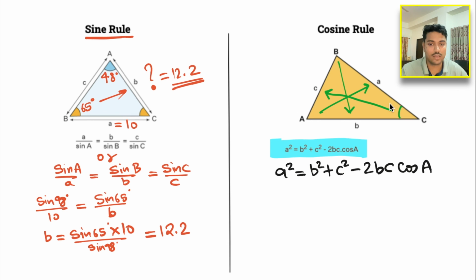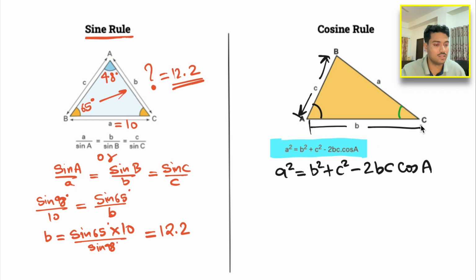This is for the case where angle A is known to us, and the length c and the length b are known to us, and we have to work out the length a. In that case we can use this formula.